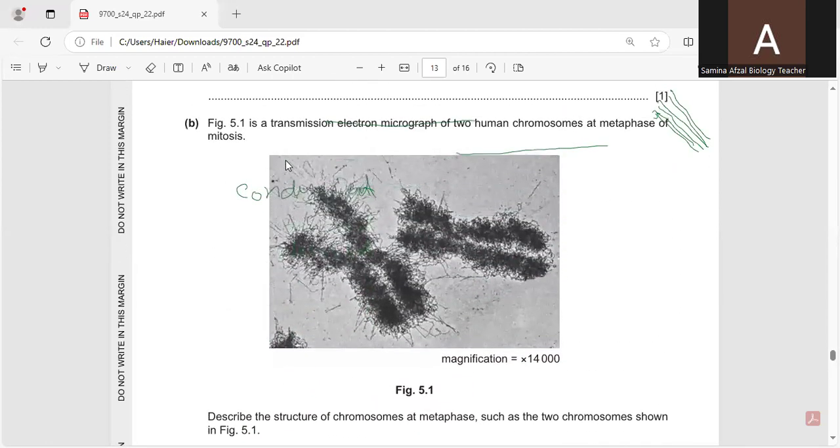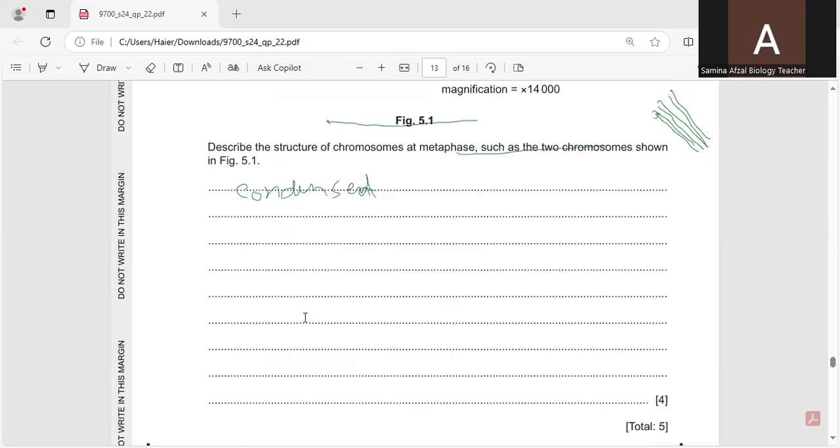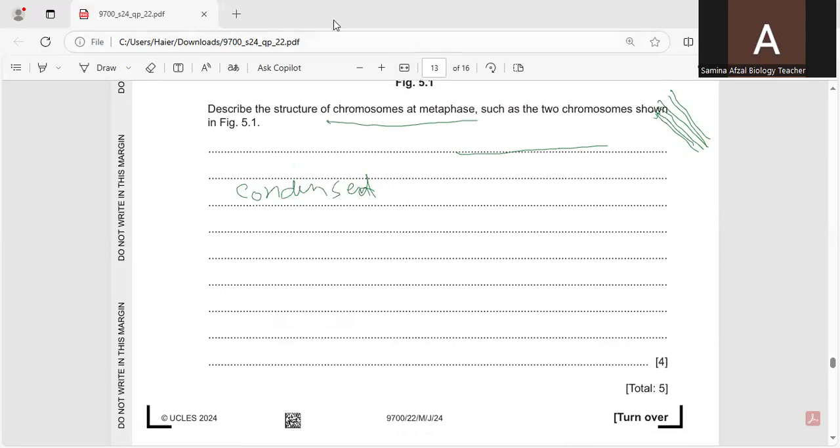So you can see the transmission electron micrograph of 2 human chromosomes at metaphase of mitosis. And what is metaphase, students? Metaphase is that phase of mitosis in which the chromosomes arrange themselves at the equator, in the center of the cell.